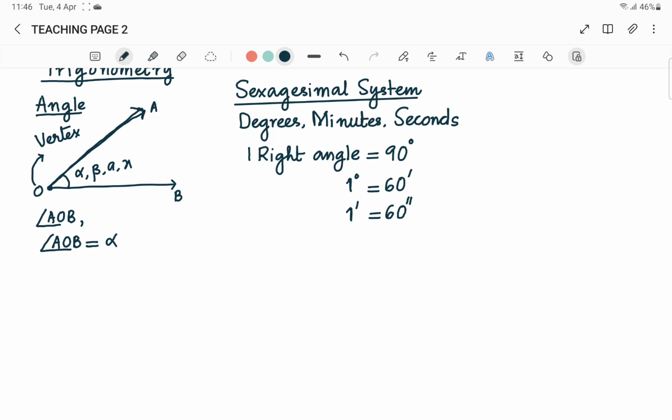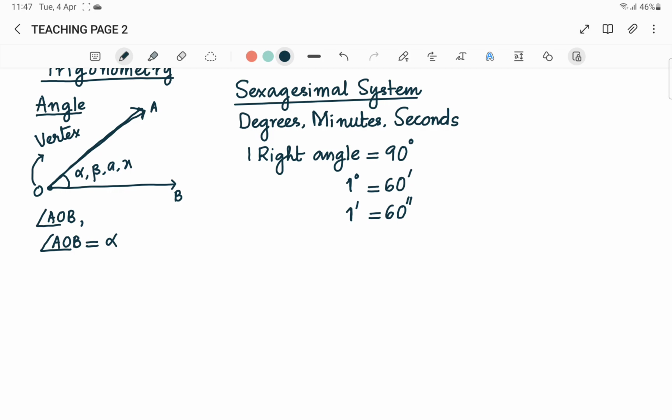So in the sexagesimal system we use degrees, minutes, seconds. 1 degree is equal to 60 minutes, and 1 minute is divided into 60 equal parts and each part is called a second.